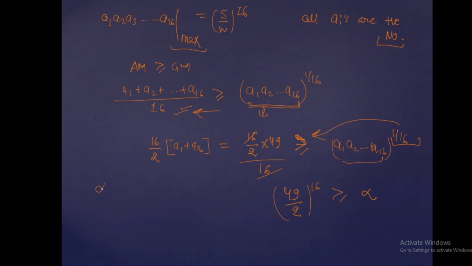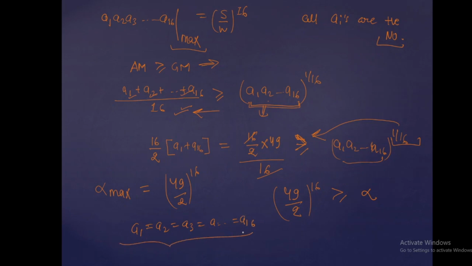So the maximum value of alpha will be 49 by 2 raised to 16. And when this will hold, you must know that in the AM-GM inequality, equality holds when all these terms are equal. I mean to say that A1 equals A2 equals A3 equals up to A16.